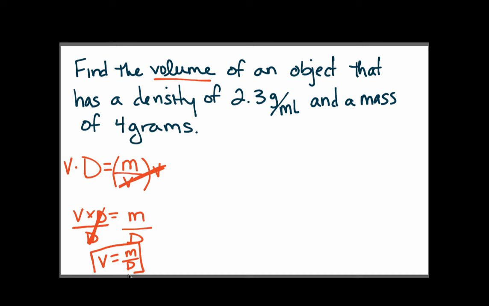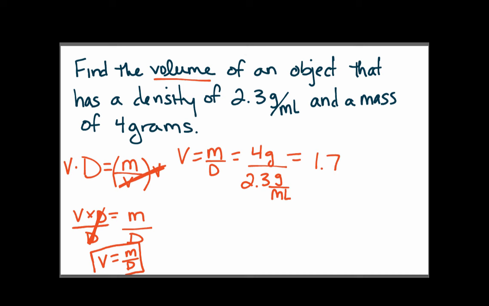This is the equation that I can use to solve for volume because I now have the volume variable alone. So volume equals mass divided by density, and then I'm just going to plug in my numbers. Mass is 4 grams and density is 2.3 grams per milliliter. Remember, the units go along with the numbers. Then you take in your calculator 4 divided by 2.3 and you should get the answer 1.7.